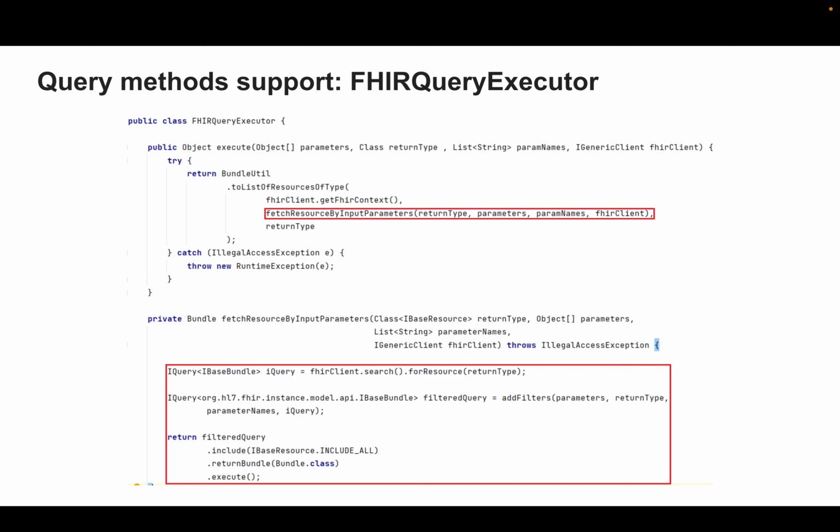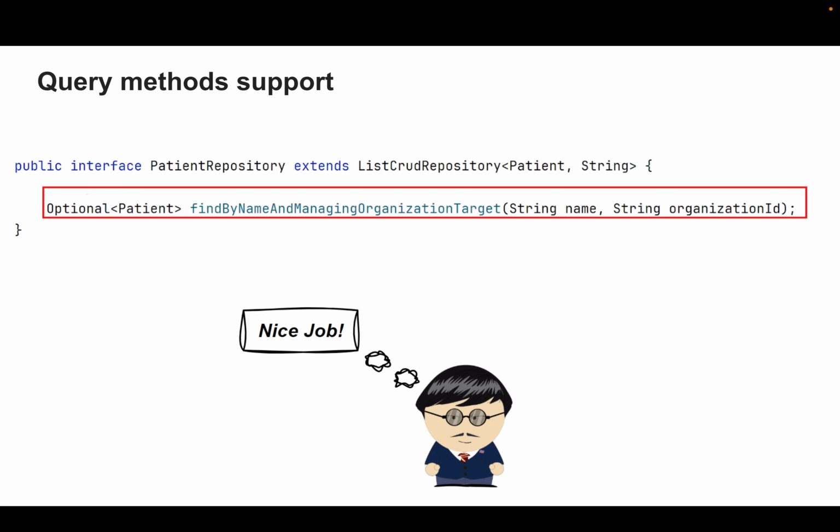Again, we will not deep dive here into the HAPI FHIR library specific code, but for those who are interested, this code also will be present in the repository I will share. Next job, now our repositories support the query methods.